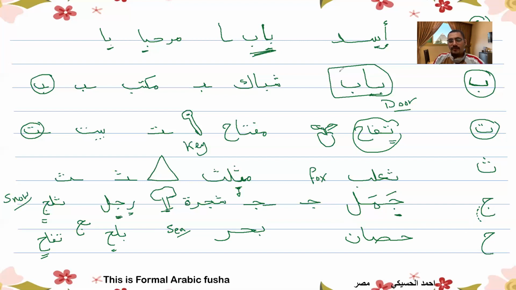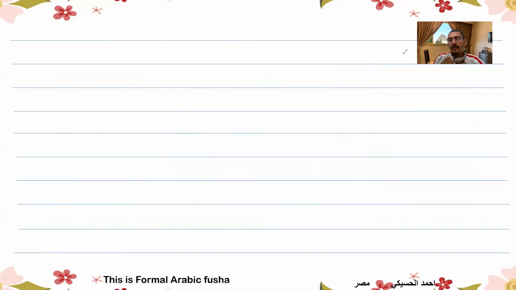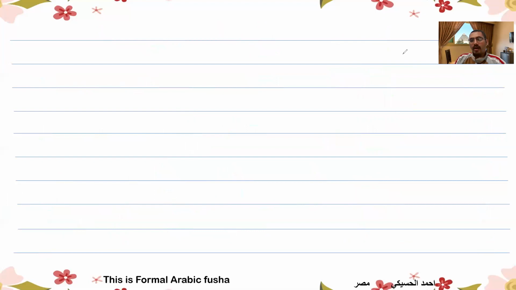Another letter, حرف الخاء. Isolated, خاء. This part, this arc, is written below your line. Part of the letter is above the line and this arc is below the line.